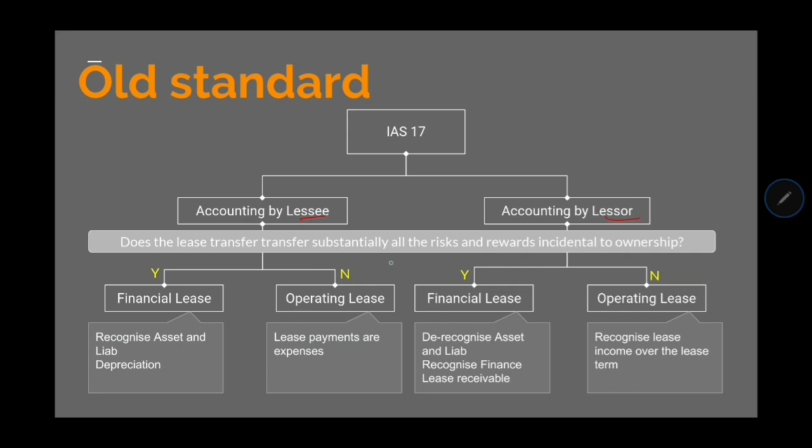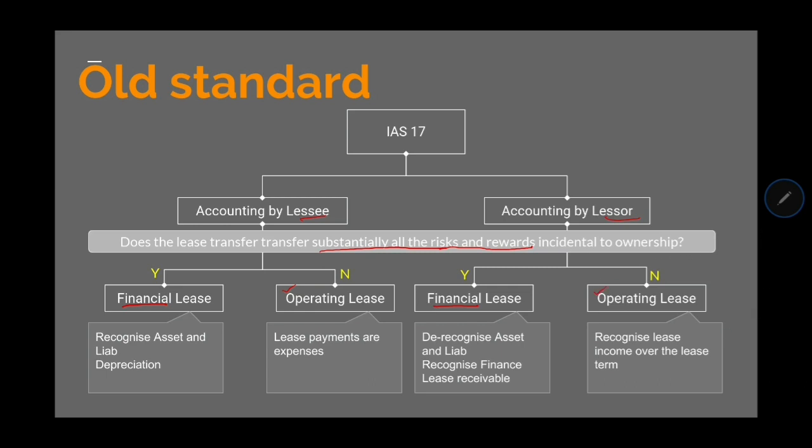If the lease transfers substantially all the risks and rewards, then in both the books of lessee and lessor, this is treated as a financial lease. And if the answer is no, then in both the books of lessee and lessor, this is treated as operating lease.